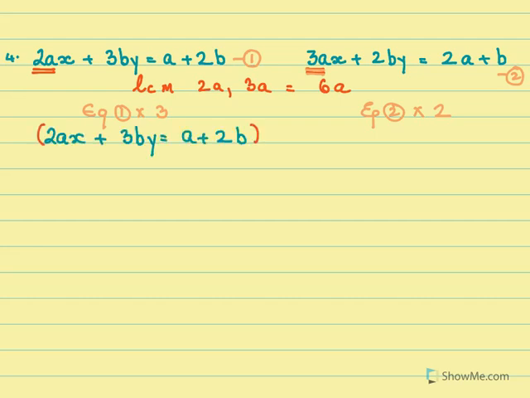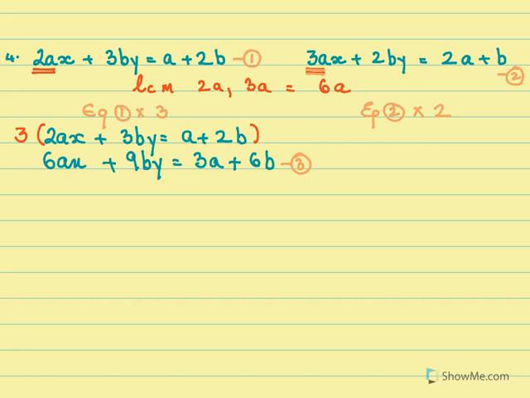So this is my equation 1 and I'm going to go ahead and multiply it by 3. And on multiplying by 3, I get 3 into 2ax, that means 6ax. This will be 9by, and multiplying by 3, so 3a, 2b multiplied by 3, that will be 6b. I will call this equation 3.